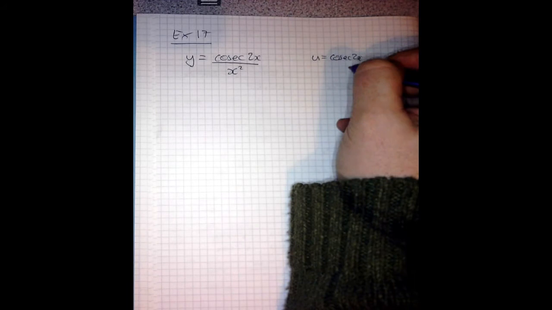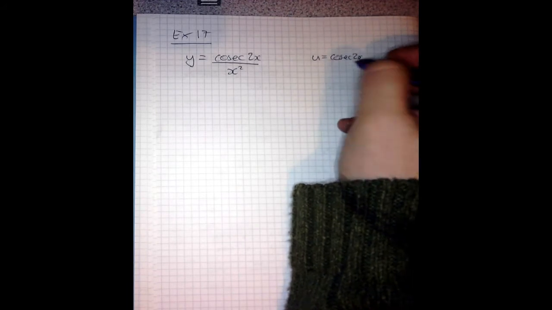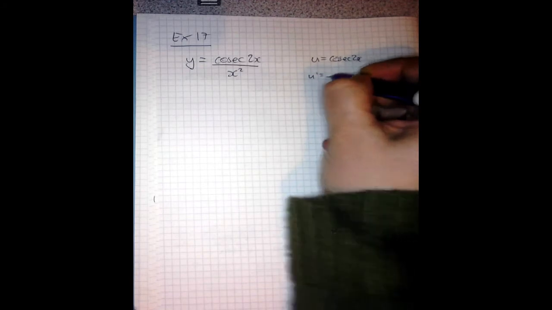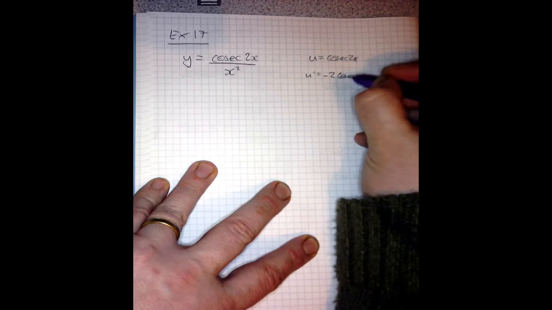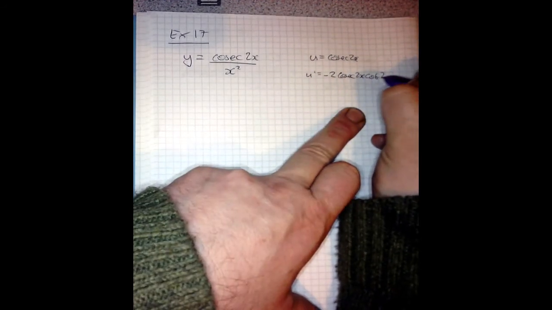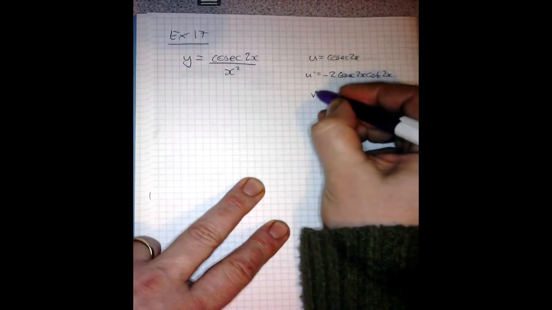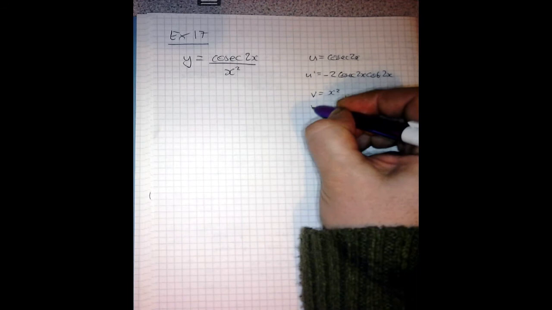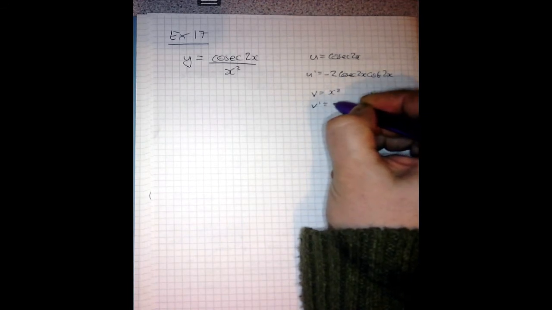Quotient rule, U dash V minus UV dash over V squared. U dash V is minus 2x squared cosec 2x cot 2x. The writing's got a bit small now, let's do it down here.